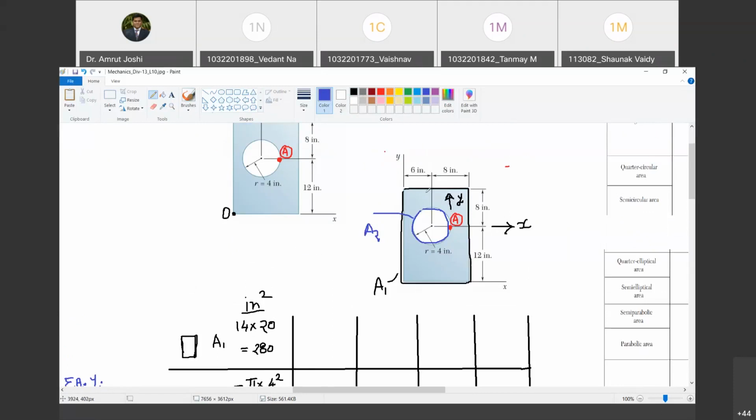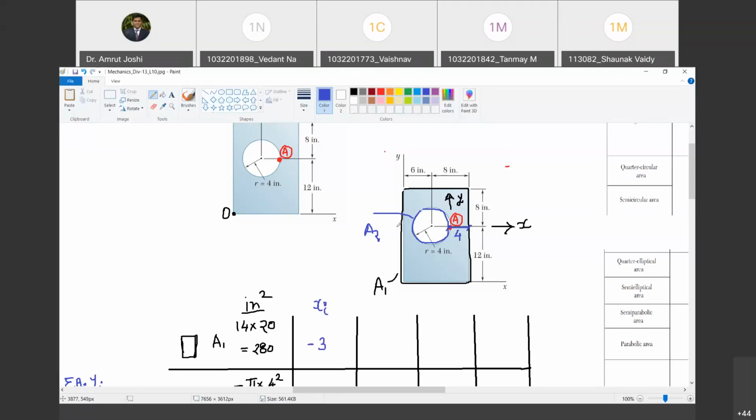And this distance is 8 minus R. So this distance is 4 inch, and the centroid of the rectangle is at distance 7 from the left. So what is the net distance between A and that centroid? 3. And it is 3 towards left. So I should write it as minus 3.